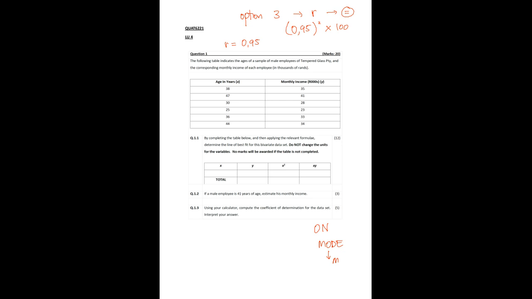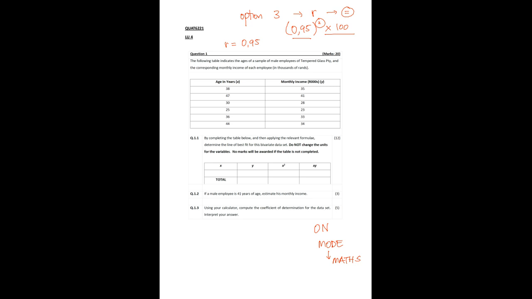And then just type into your calculator 0.95, square it and multiply it by 100. If you feel like you're going to mess it up by entering something different on the calculator, write down your answer of r and then go back to your normal settings by pressing the mode button and choosing the first option.